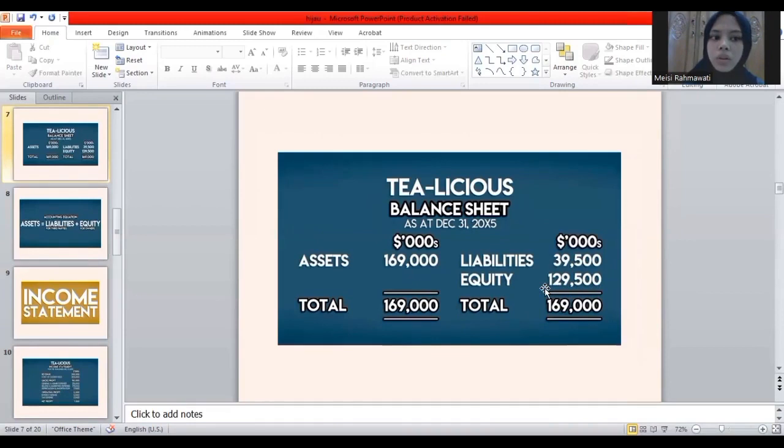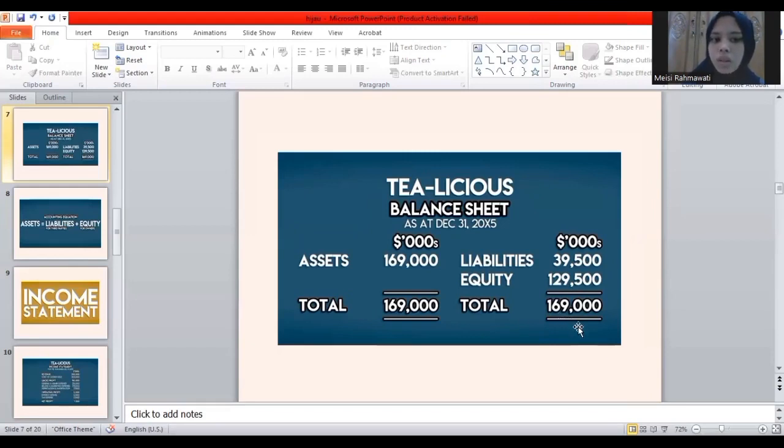Off the bottom of the balance sheet, Delicious has total assets of $169 million and total liabilities and equity of $169 million.